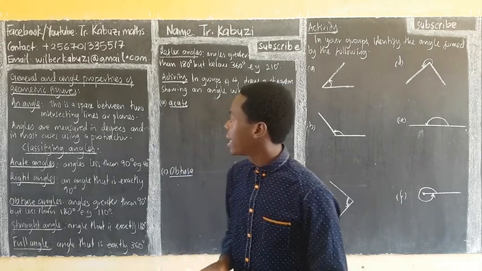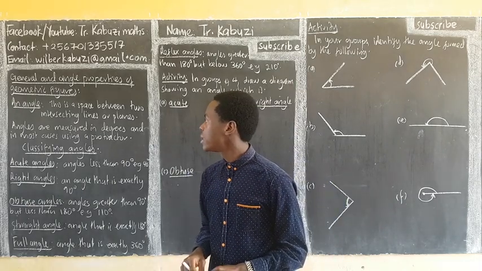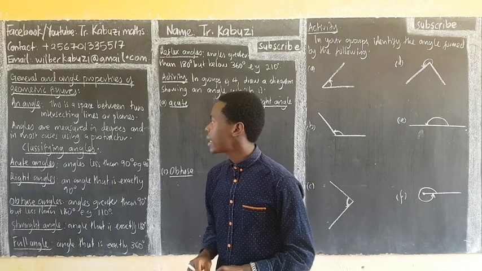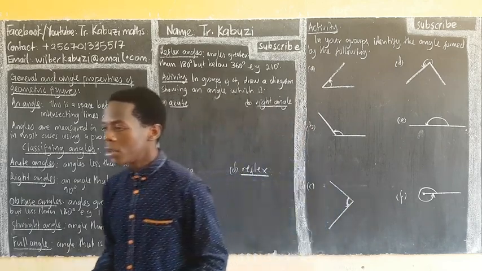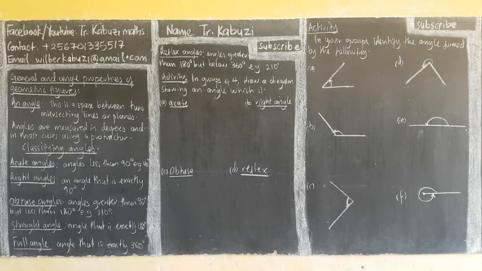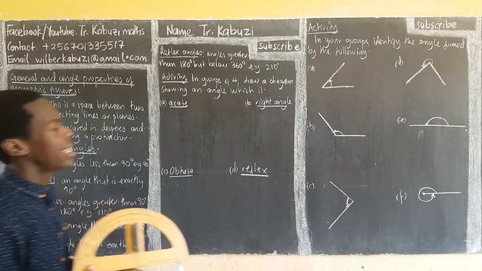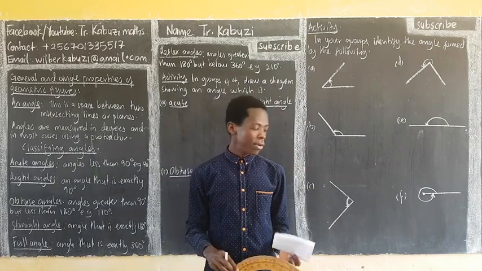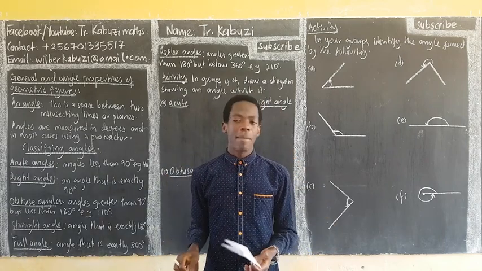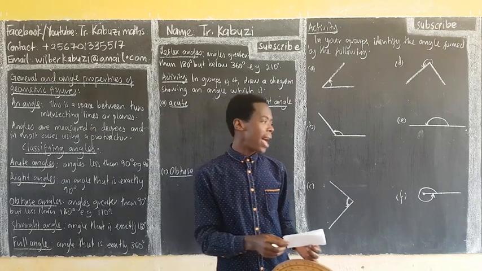In most cases, angles are measured in degrees, using a protractor. For those who don't know a protractor, when you get your set there's an instrument like this. This is what we call a protractor. This is mine, but yours are a bit smaller.